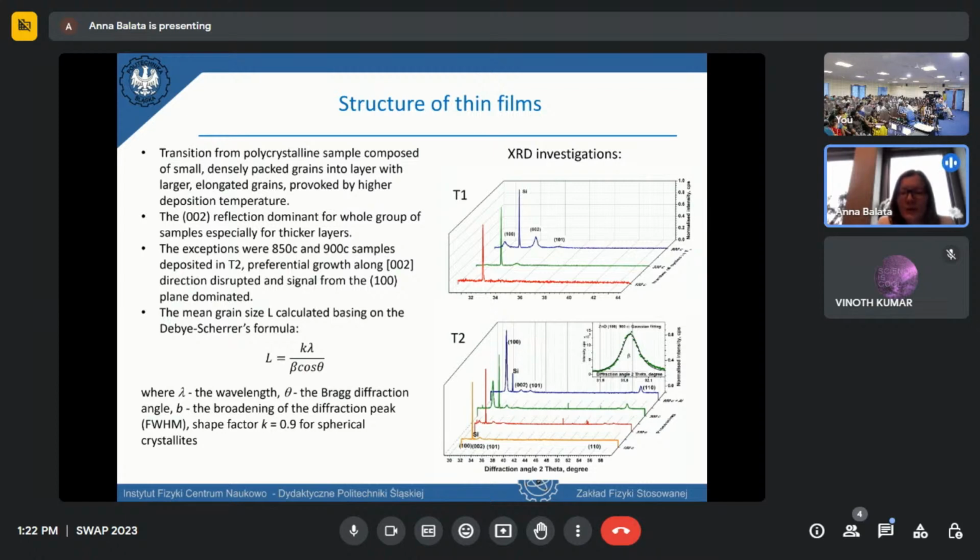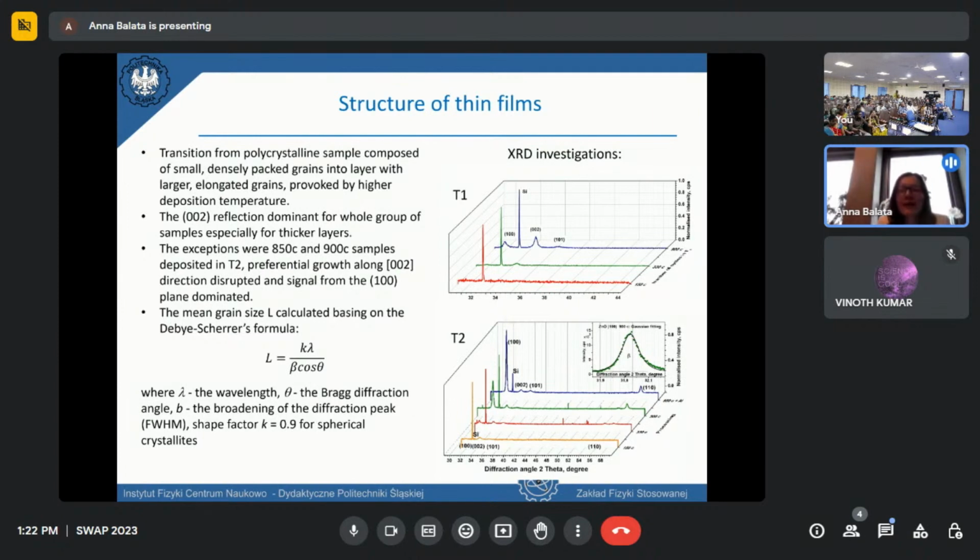If we look at the other graph, we can see that the preferential growth along the 002 direction was disrupted, and the signal from the 100 plane started to dominate, which is especially noticeable for the thickest layer. This is the blue spectra.